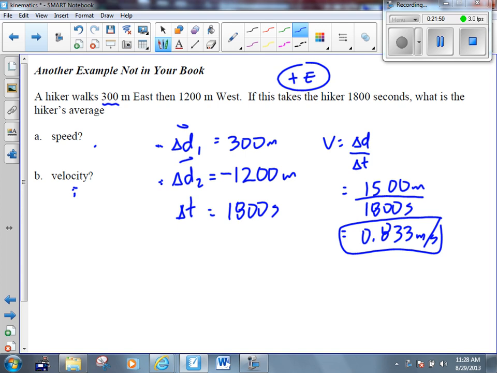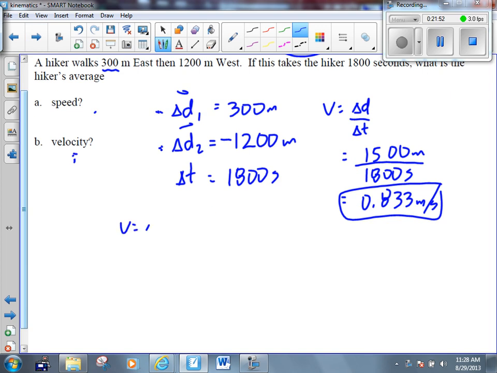Now let's find the average velocity. It's displacement over time. We're going to add them together again, but this time because we're talking about displacement, we have to pay attention to the direction. 300 plus negative 1,200 gives me negative 900.